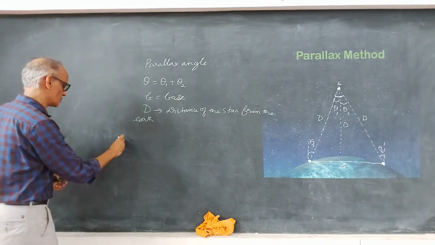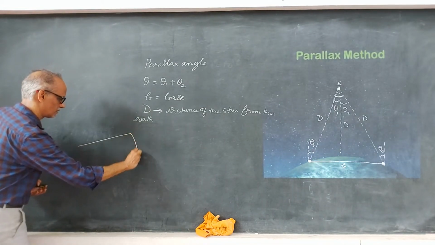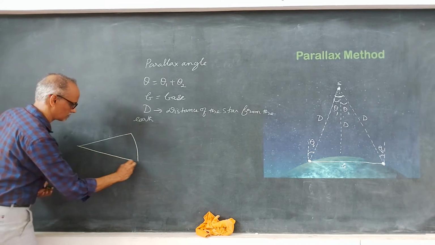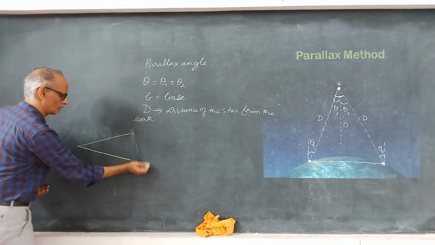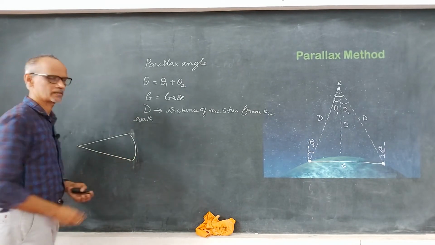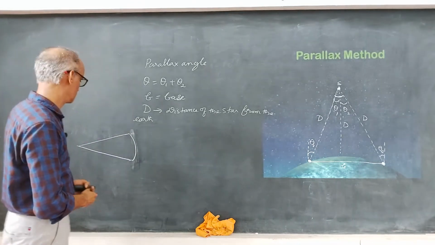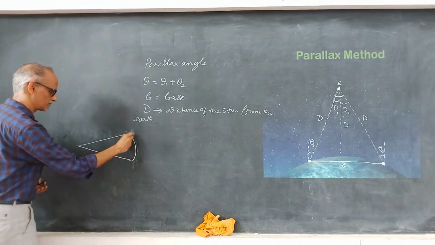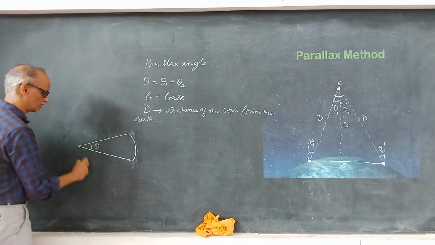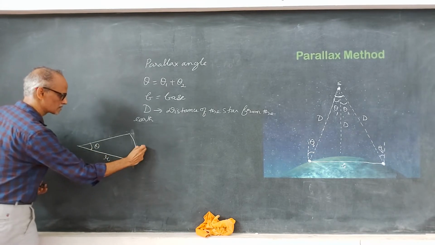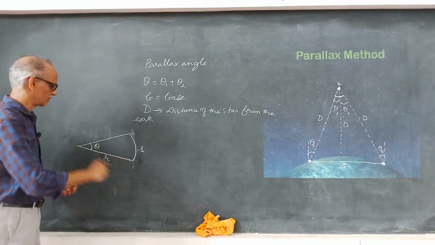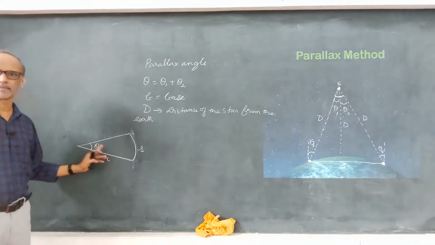So therefore, if I use the formula of the arc, we have learned the basics, correct? Arc length, arc. This is the arc. This is theta. This is the radius of the arc. This is the arc length. What is the relation between the arc length, the radius and the angle?